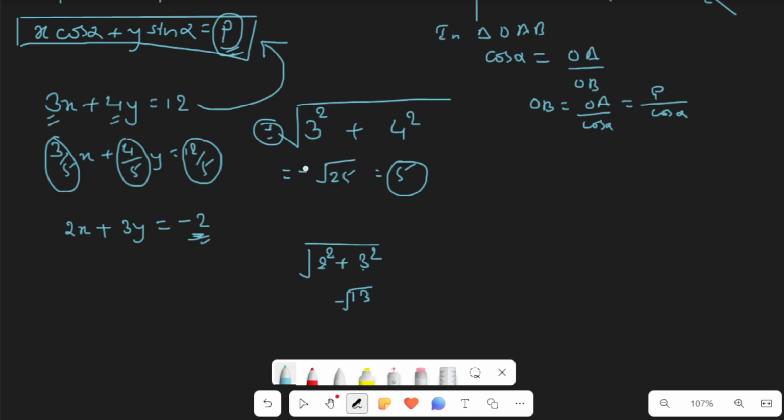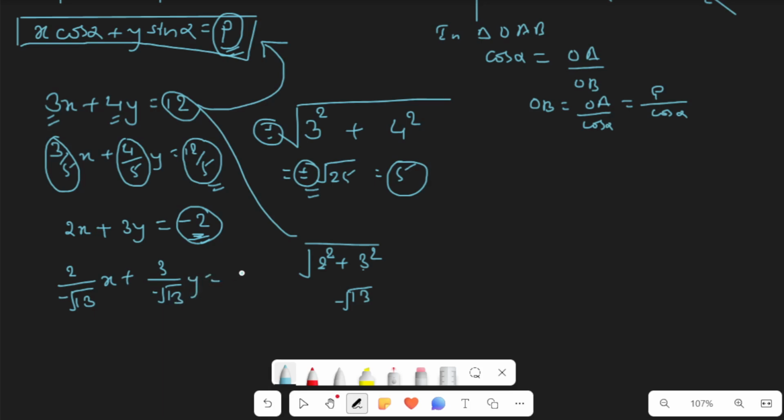We have plus minus, and we take its sign such that this value will be positive. Here we took plus 5. Now here we will take minus root 13. So it will be divided by minus root 13: x plus 3 by minus root 13 y equals minus 2 by minus root 13, so that it will be positive. So this will be the perpendicular length drawn from the origin to that line, represented by this equation.